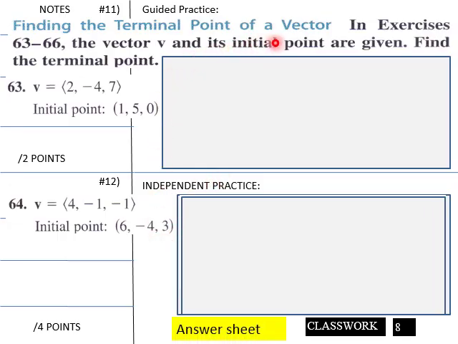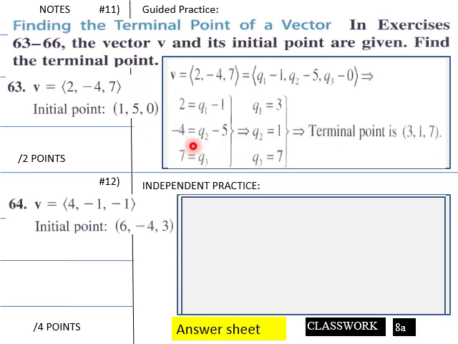Using that technique, the vector V and its initial point are given. Find a terminal point. We have the initial point 1, 5, 0, and a component form of the vector 2, negative 4, and 7. To find the terminal point, we have V equals 2, negative 4, and 7, which equals q1 minus 1, q2 minus 5, q3 minus 0.